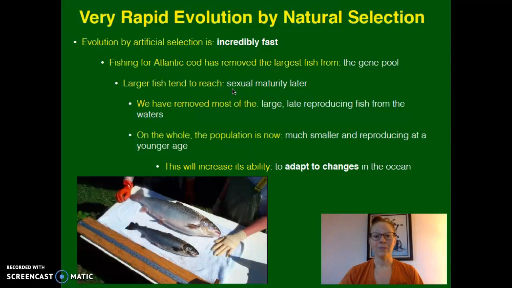And so we're leaving in the water the smaller, quicker reproducing salmon. I'm just kidding, cod. And so it's changing the dynamic of the population to leave the more quickly reproducing fish. Sometimes it seems like change can be a bad thing, but this might be a good thing for the cod because perhaps it'll allow the cod to adapt to a quickly changing ocean. We just don't know.